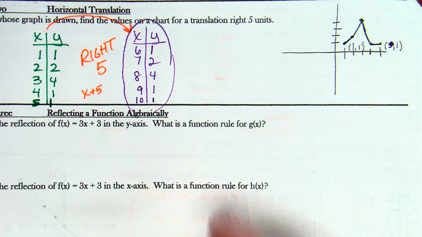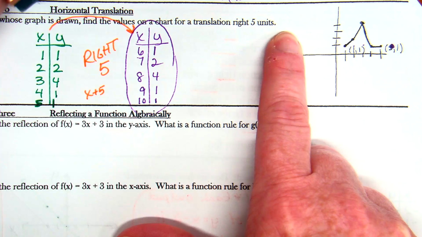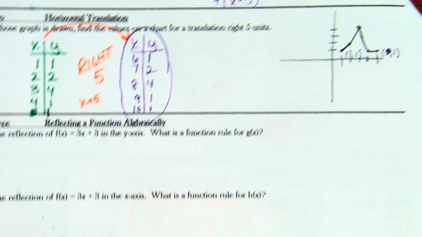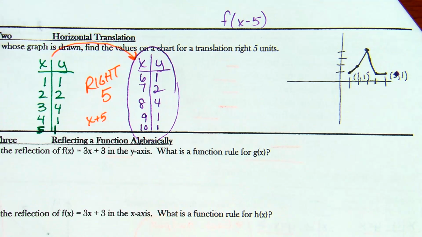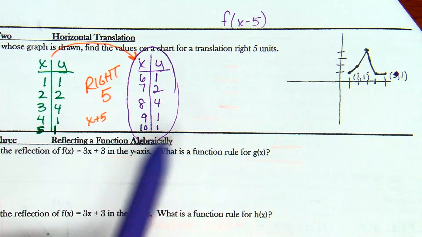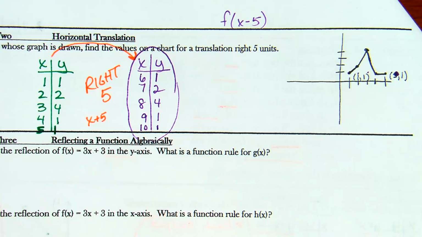But if we were asked to write x minus 5 in parentheses, that would represent the whole right 5. But since they physically told us to move it right 5, we're going to do just that. Okay, questions there?